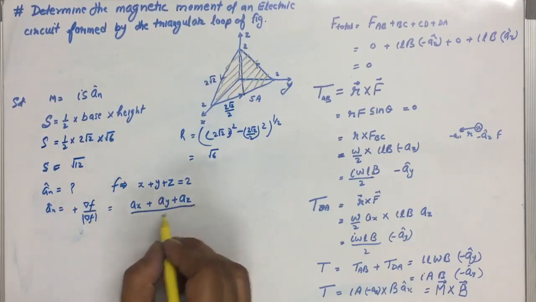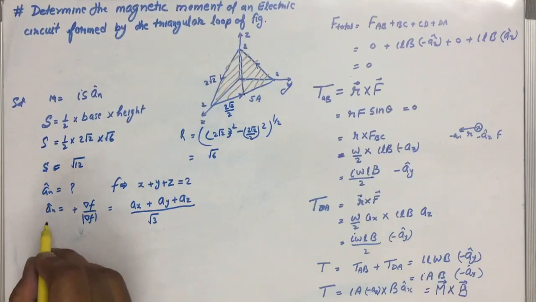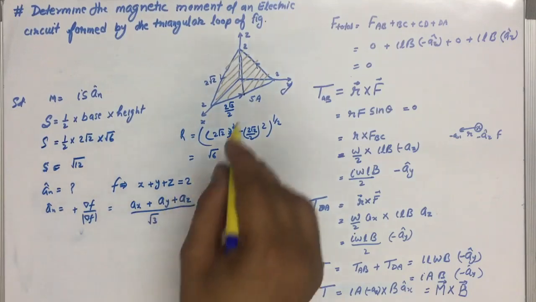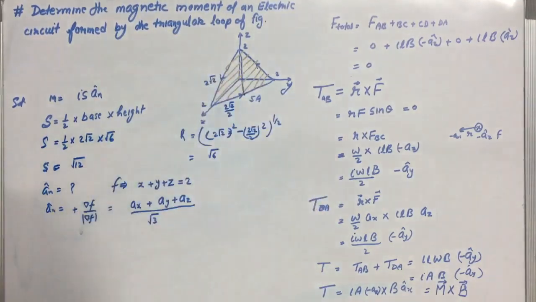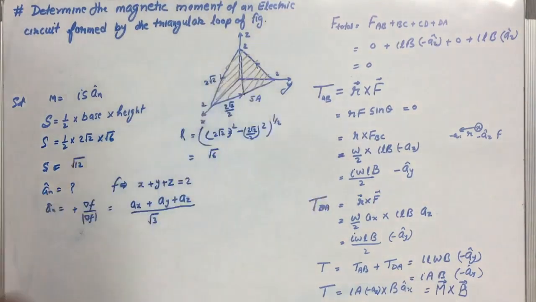The absolute value of this will be root 3, that is, the square root of 1 squared plus 1 squared plus 1 squared. That will give us the unit vector in the direction of this plane.